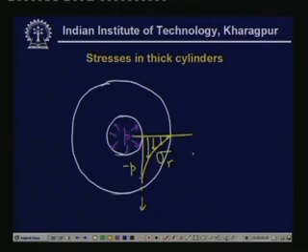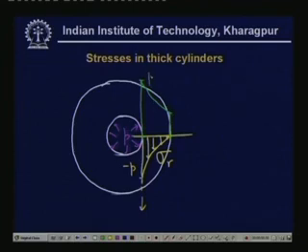And what is the distribution for sigma theta? Sigma theta is distributed in a slightly different way. Sigma theta is quite large here. Here this is P times, so it decreases this way.